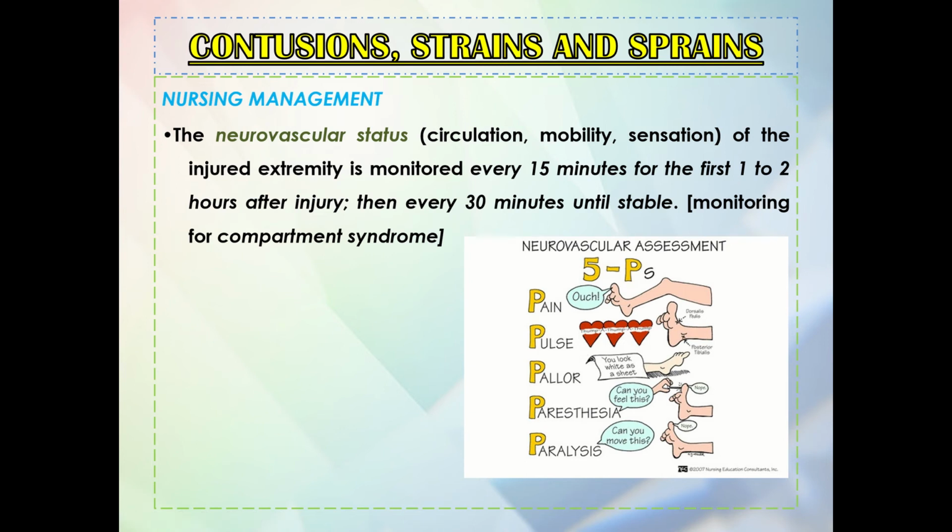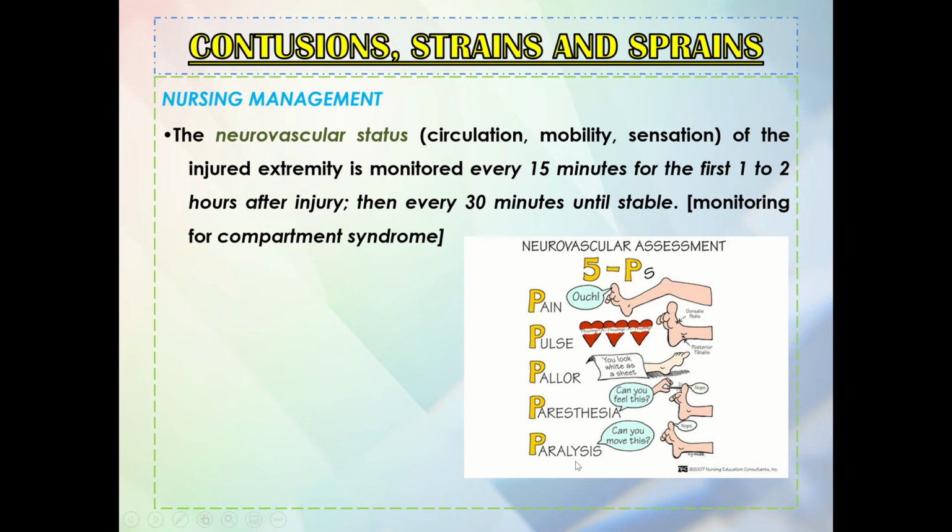Kung nagde-decrease yung pulse ng affected body part, that is an important assessment to note sa pasyente nating involving this condition. Pallor, meaning the color of the affected body part. Paresthesia, yung feeling din ni patient sa affected body part, like, can you feel this? Such as, indicated in this image.